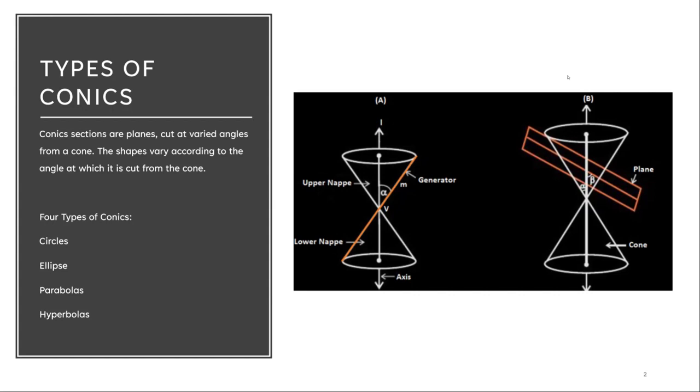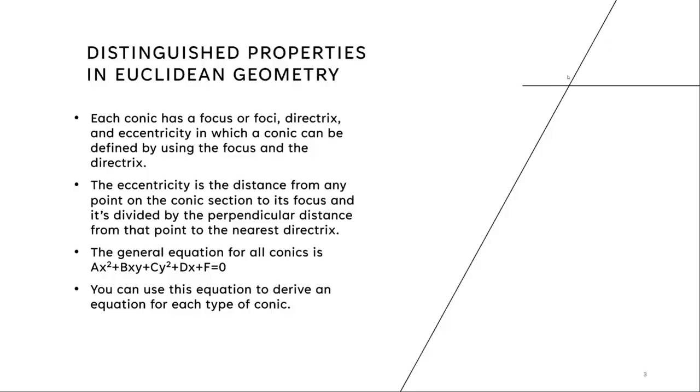We have talked about the distinguished properties of each type of conic within this course, and we're going to elaborate more on ellipse. So each conic has a focus, a directrix, and eccentricity, in which a conic can be defined by using the focus and a directrix, as well as you can define a conic by eccentricity.